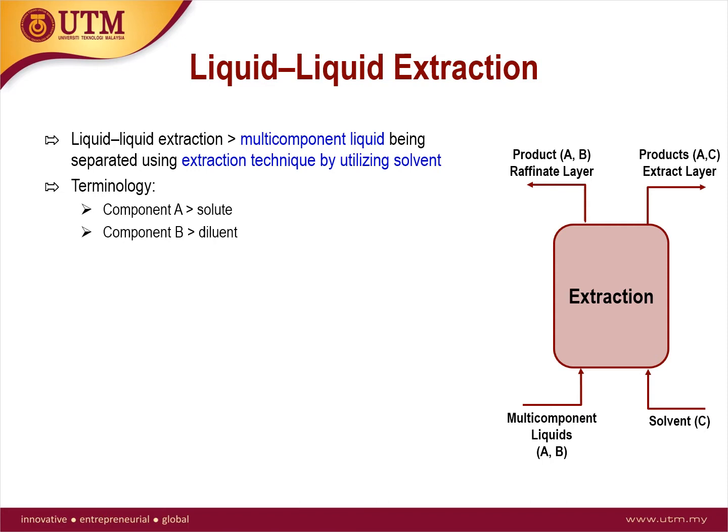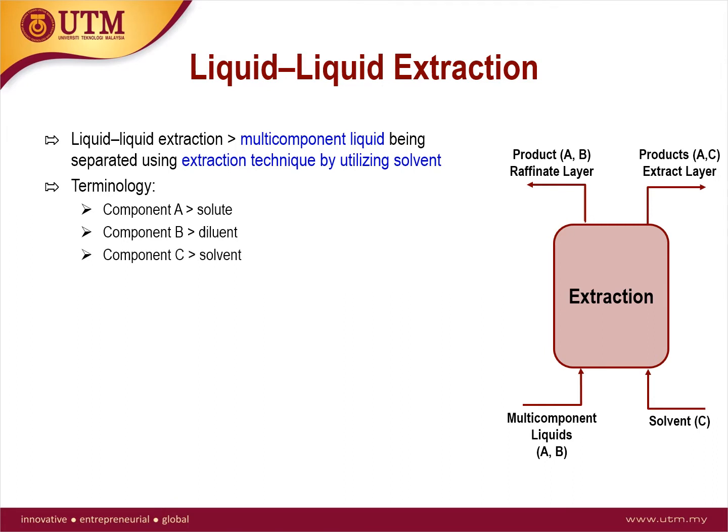Normally, the mixture of component A and B, between solute and diluent, is contained in an aqueous solution, and this aqueous solution will be engaged or brought into contact with component C, which is the solvent.